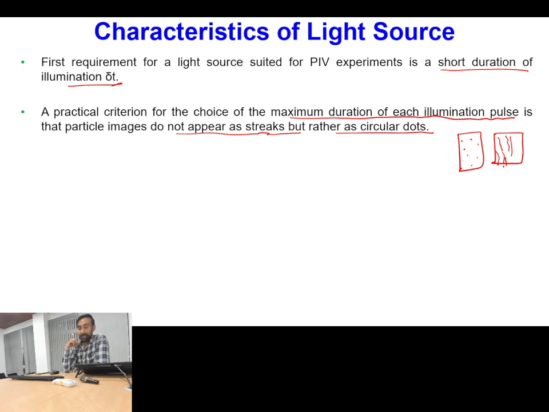That's why your light source should also have pulses, because if it is continuous, it will appear as a line rather than a dot. But for accurate measurement, it should appear as a single dot.